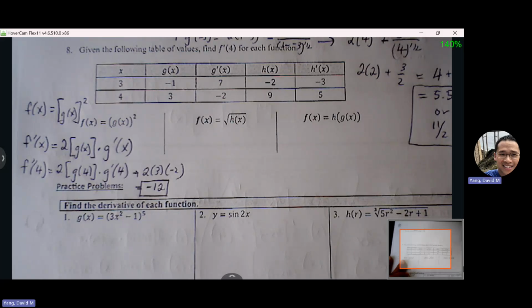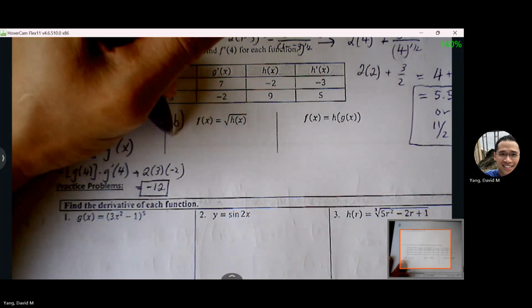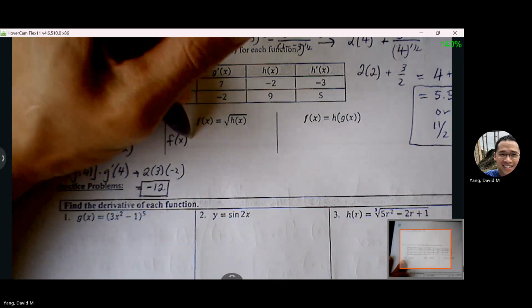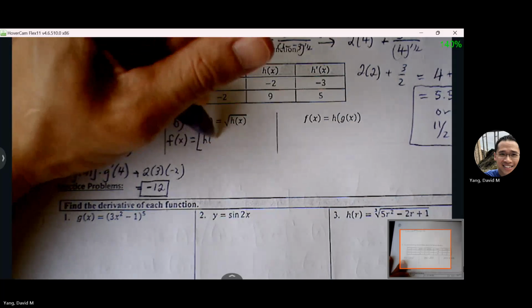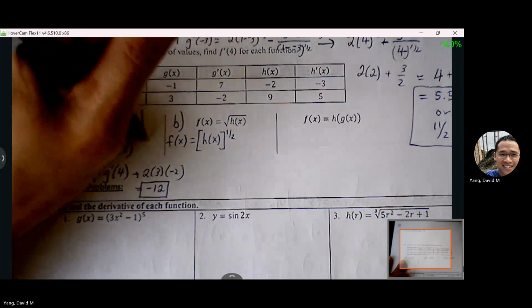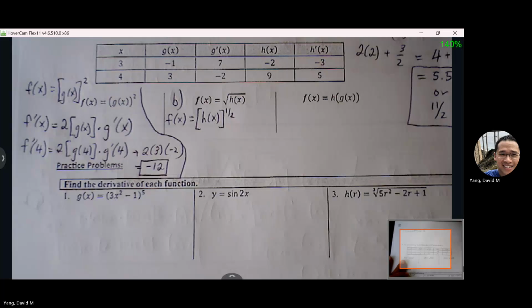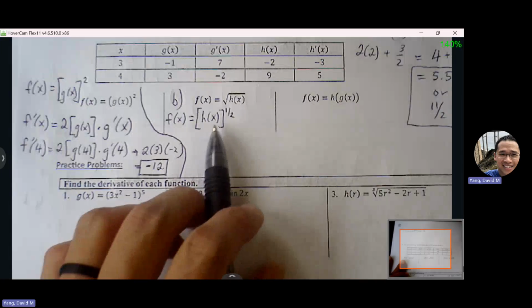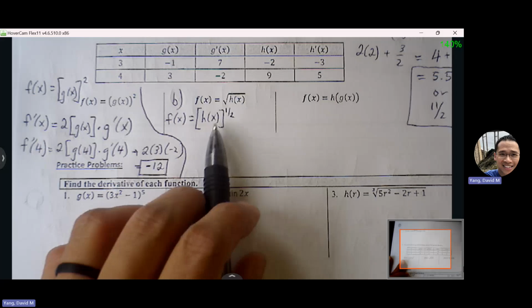Right, try part B. Outside is my bracket to the 1/2. Inside is my h of x. I'm going to take turns with each derivative.